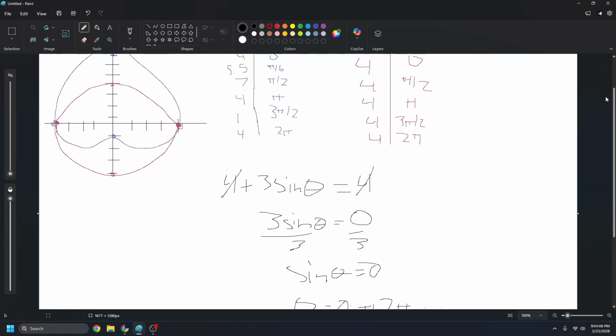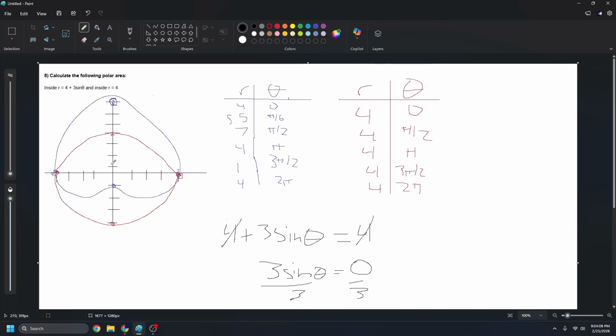So now, for this part, is how to figure out what area we are specifically supposed to shade. If we go back to the question here, it specifically asks how to find the area inside r equals 4 plus 3 sine theta, and inside r equals 4. So what this means is that we will pretty much be prioritizing whatever our equation is closest to the origin, or on the inside.